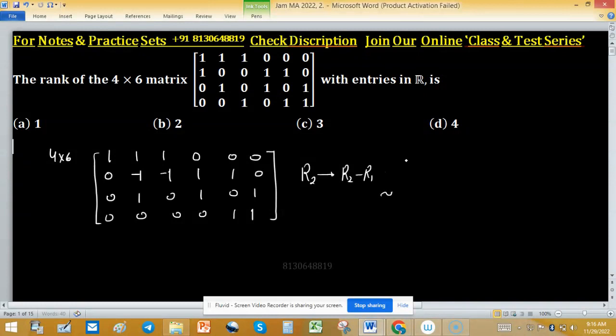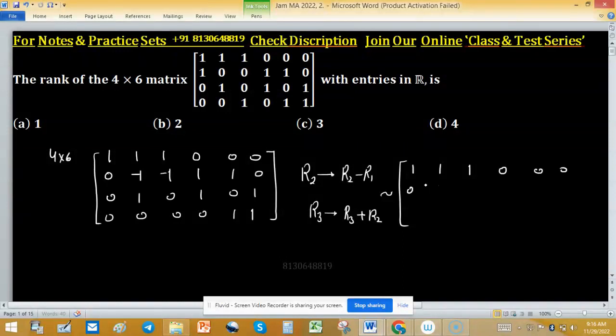Now another equivalent matrix is obtained when we apply the elementary row operation R3 plus R2. So what we have: there is no change in the first row 1 1 1 0 0 0.